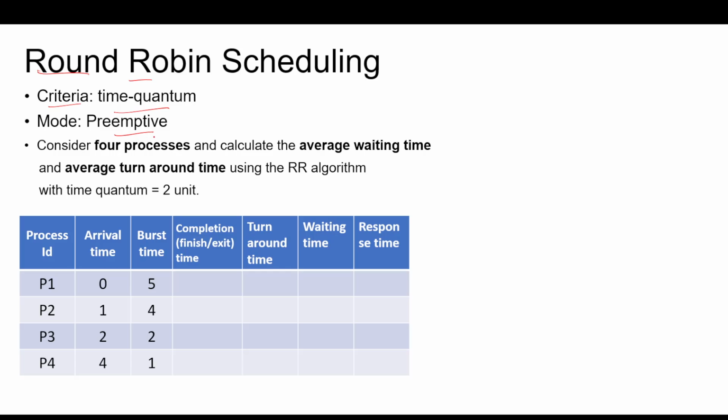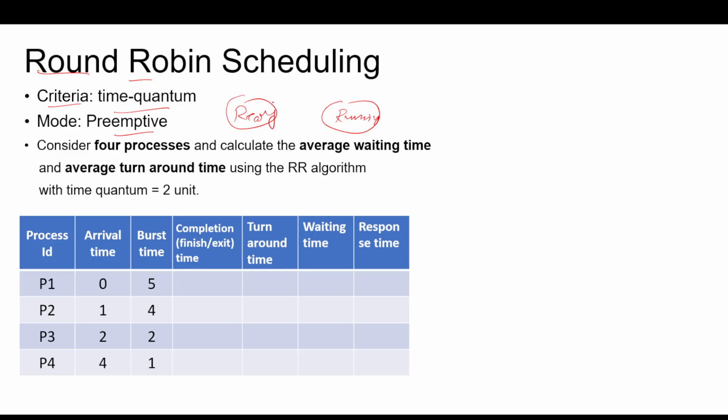In this example, let us consider I have some processes in the ready queue. As we know, whenever we load a process in the ready queue, that means in the RAM, we send the process into the running state. For example, one process will be executed for some time.